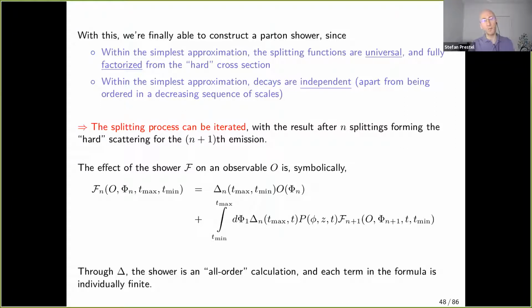It would be very difficult to move up in random steps in splitting scale and actually hit the right scale to produce a very, very high energy transfer that would produce the hard interaction. So that's why you typically reorder it a bit.